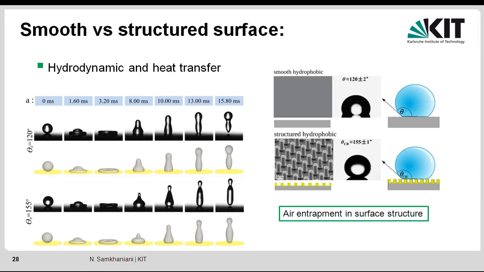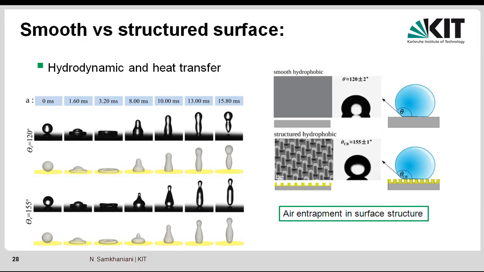For the heat transfer part, we found we can capture the physics of the drop impact. We can get the drop shape and the hydrodynamics of the drop perfectly, but in the heat transfer, we can get the heat transfer accurately for a smooth hydrophobic surface, but for the structured hydrophobic surface, some air is entrapped in these micropost structures.